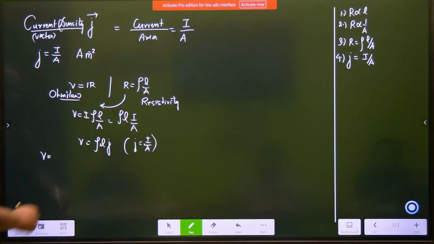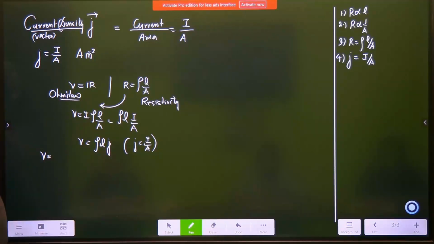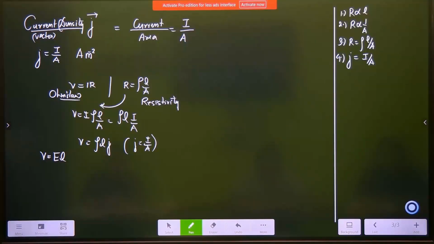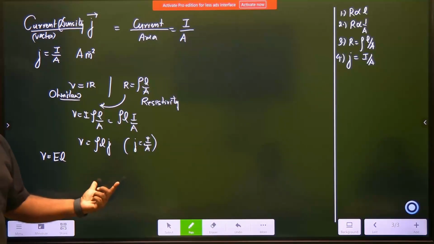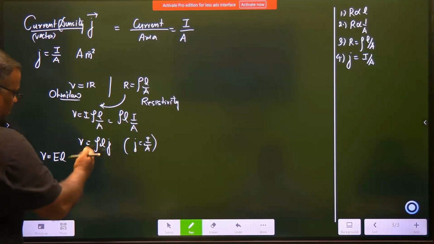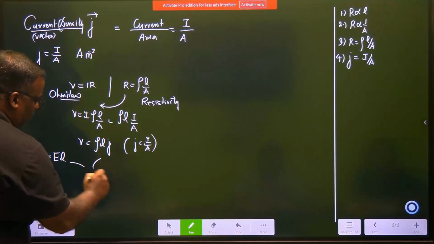So if you look at the voltage, right now we have current I here, so an electric field must be there. V's value is also, V is equal to ED, meaning EL from the previous chapter. V is always equal to EL, so E is equal to V by L. If you substitute from these two equations, what can you conclude, children?